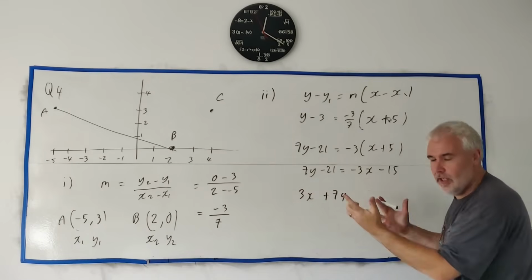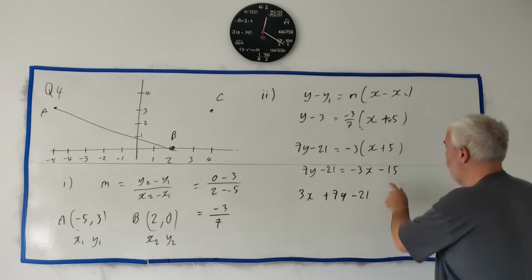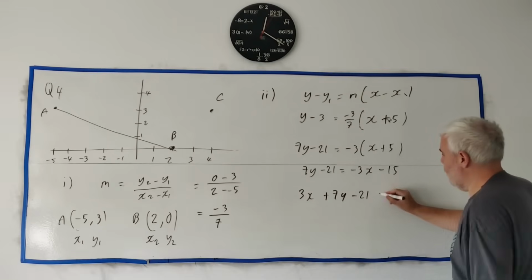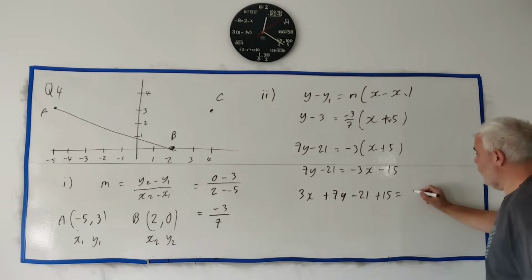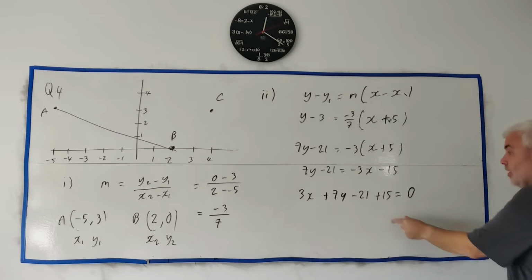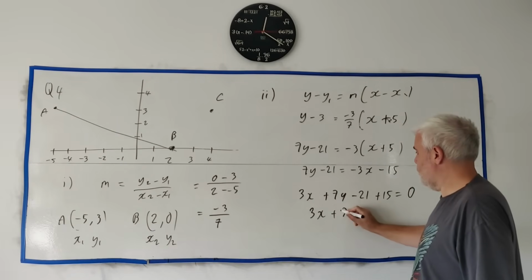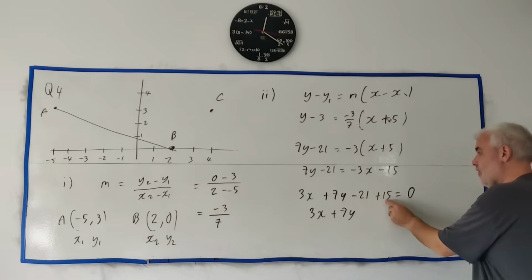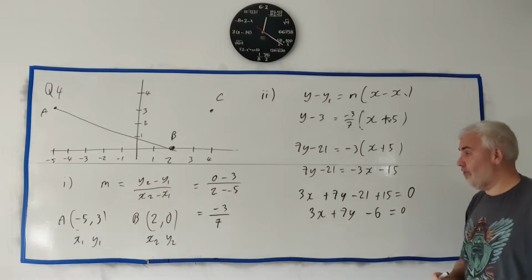It's not a minus, so it has to be a plus. We'll leave the minus 21 where it is, and we'll move this minus 15 and it becomes a plus 15. We'll leave the equals, and there's nothing left on the right. That's a 0. That's nearly what they want, except we just need to combine these two. 3x plus 7y, 15 minus 21 is minus 6. And that's the full answer.